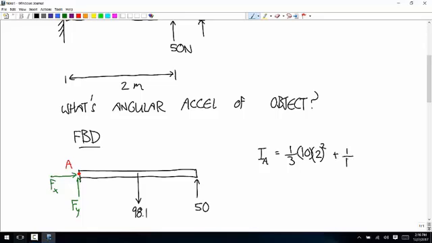And then 1/12 times 10 times the other dimension, the dimension where it's in the middle, squared. Can you see what I'm talking about? It's at the end of this dimension, so that one is attached to the third. It's at the center of this dimension, so this dimension is attached to the 12th.